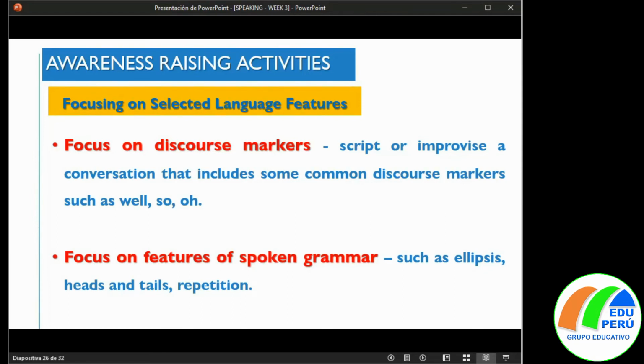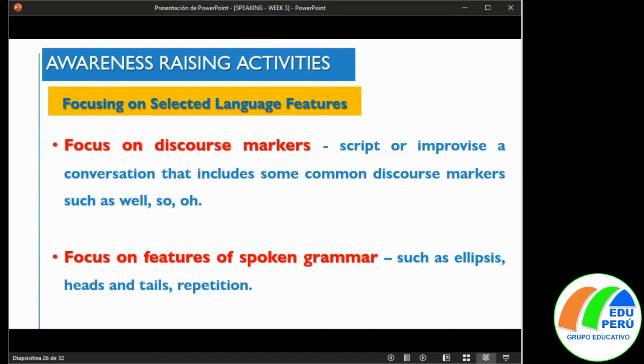Because sometimes when they listen to conversations in the books, they don't have these kinds of situations, because they are more focused on practicing some structures or vocabulary. Sometimes they could use some of these features of the spoken grammar, but they're just a few. Try to give your students these features, the grammar we use when we talk.